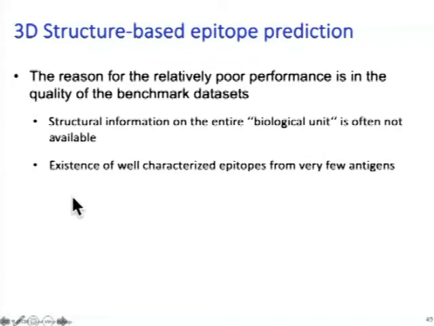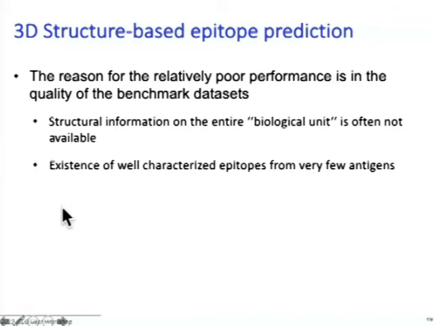And then the other reason is that ultimately this kind of question, where you're asked to determine in general if a region in a protein can be an antibody epitope, is not as well posed as saying, is this a T-cell epitope in the context of a given MHC?